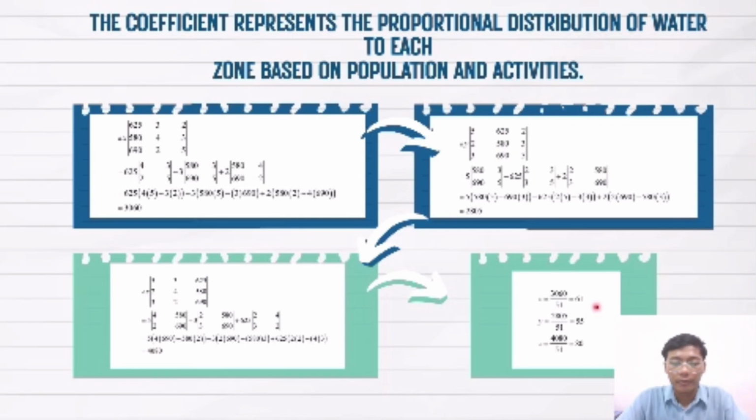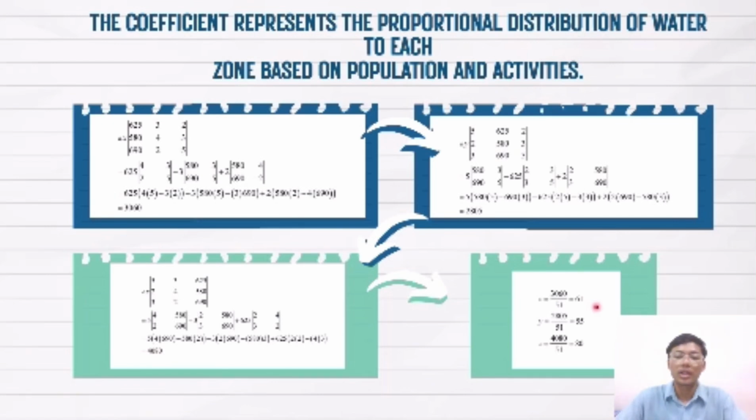Okay, for value y, we do the same thing. So 2805 determinant y divided by the determinant A, 51. So we get 55. For the z, 4080 divided by 51, the determinant A, we get 80.